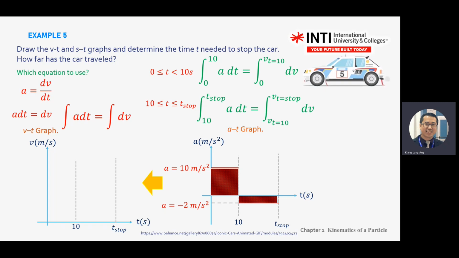However, when you come to velocity, it's from 0 to velocity at 10 seconds, v at t equals 10. Okay. Then here, 10 to t stop, also time from 10 to t stop, a dt. Then the velocity from velocity at 10 seconds until t stop.